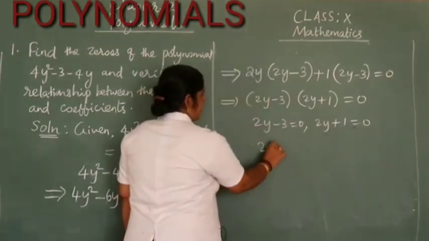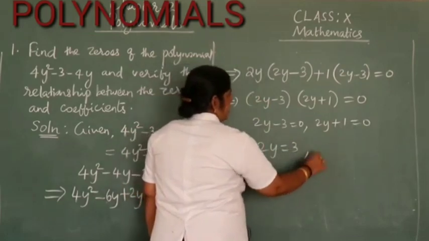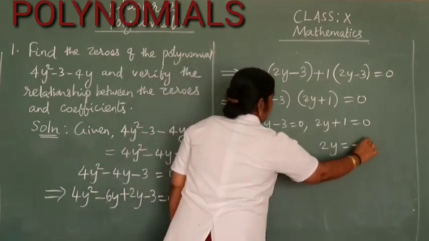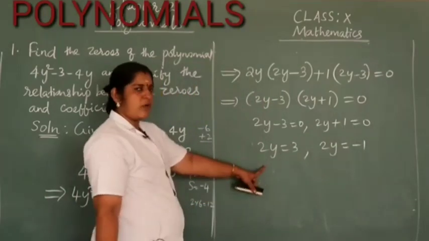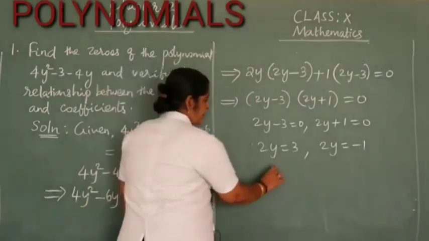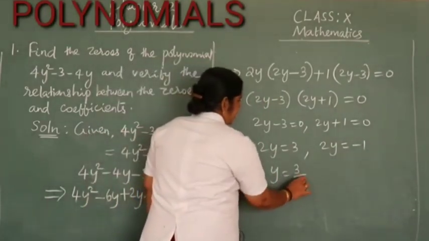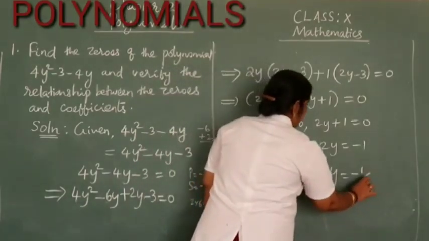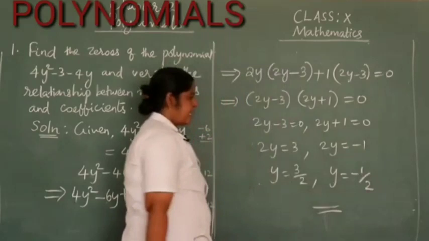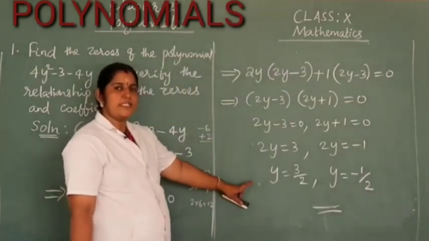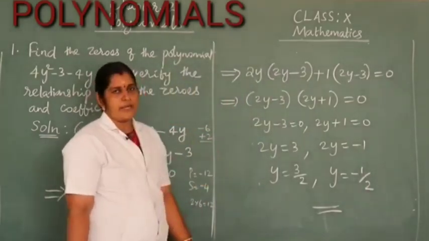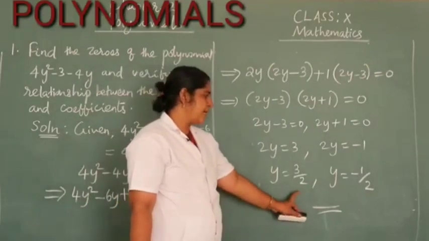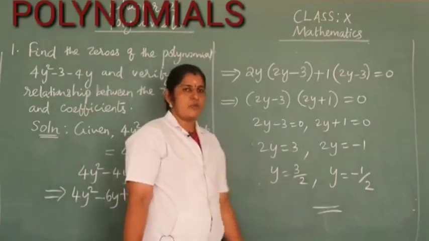From here you are getting 2y equal to 3 and 2y equal to minus 1. So from this, what is the value of y? y is equal to 3 by 2 and y equal to minus 1 by 2. So thus we got the two zeros of the given polynomial, y equal to 3 by 2 and y equal to minus 1 by 2.